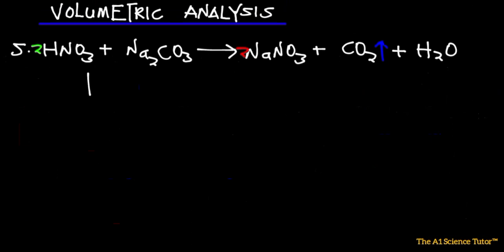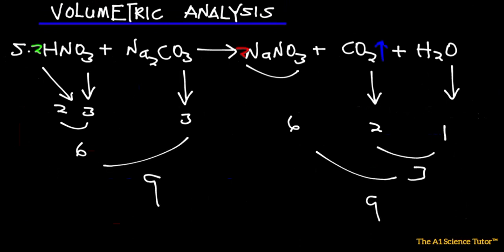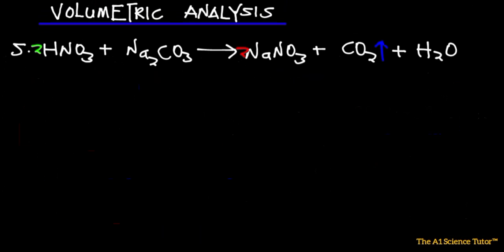So the last one now is oxygen. There is 3 oxygen here. There is another 3 here. But you know, this is multiplied, so this gives us 6. So that's a total of 9. On this side, we have 6 again. Then here we have 2. And here we have 1. So this gives us 6 plus 3, 9. This plus this, 9. So we're actually correct for everything. So this one right here is the balanced form.